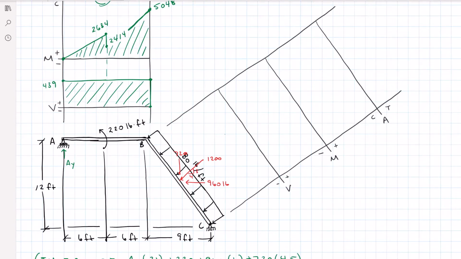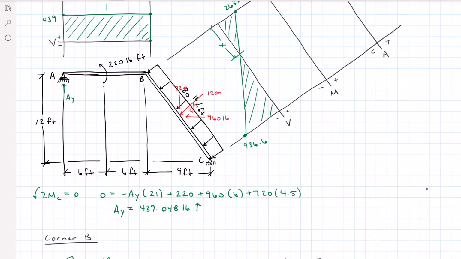We can now draw our shear diagram. So starting at a positive jump at B, 263.4. Then we're going to subtract the area under that evenly distributed load of 1,200, and that's going to get us down here to 936.6 pounds.